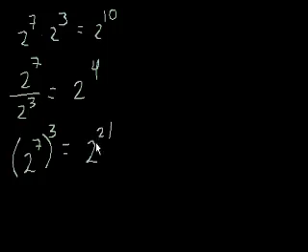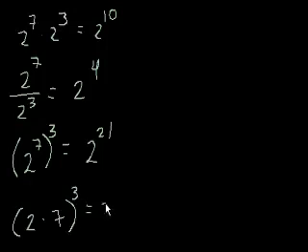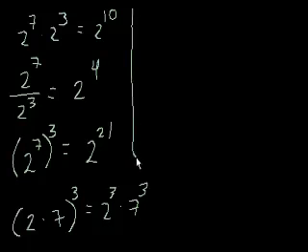That gives you 2 to the 21. And if I had 2 times 7 to the 3rd power, well, that equals 2 to the 3rd times 7 to the 3rd.